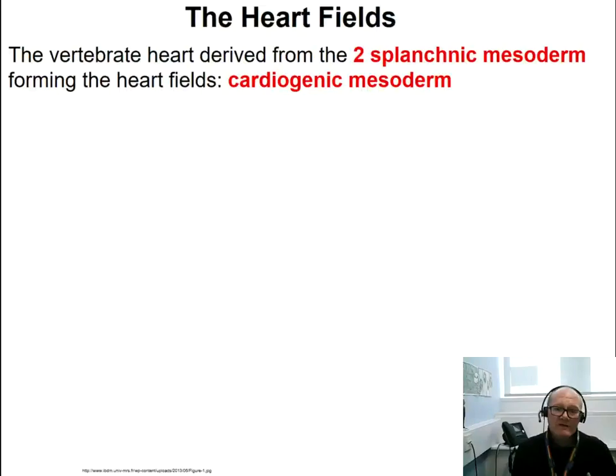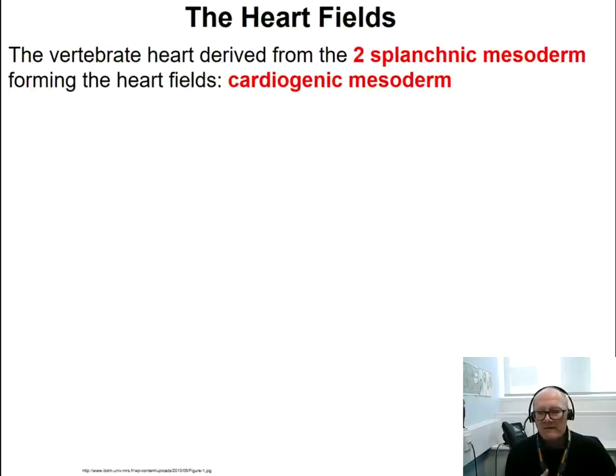The vertebrate heart is obviously a bit more complicated than a tunicate heart, because it includes many more cells and many more, different chambers. However, initially it is formed as a single tube, like in a tunicate animal.